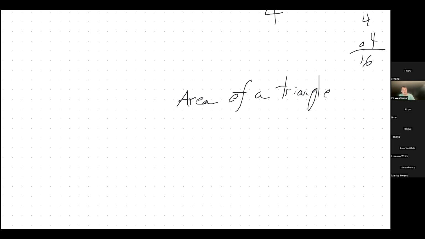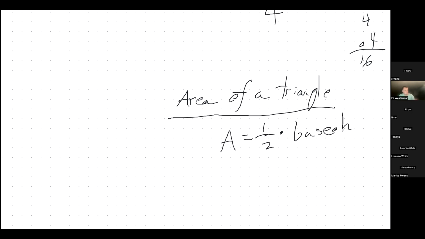For area of a triangle, the area A equals 1/2 times base times height. So what is a triangle's base? Well, think about it. Here's the base. And then from the base, we draw a line up here, and this is the height.